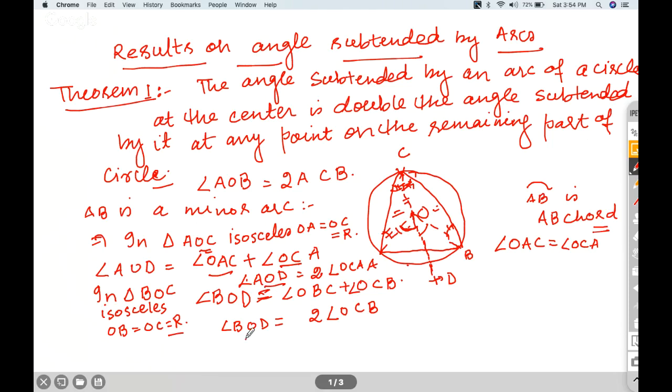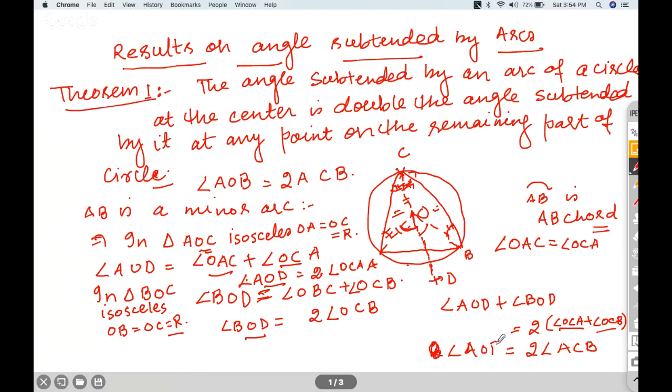Now I'll add these two angles. So angle AOD plus angle BOD is equal to 2 times angle OCA plus angle OCB. And the complete addition of OCA and OCB is nothing but angle ACB, and AOD plus BOD is nothing but angle AOB.